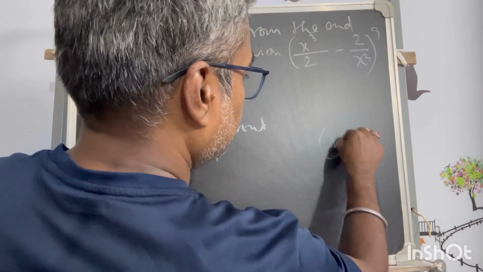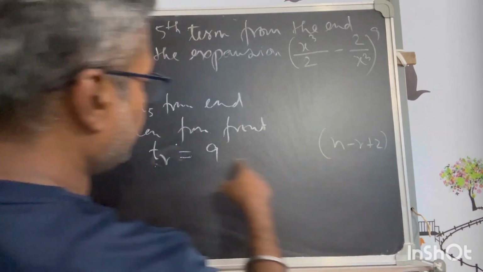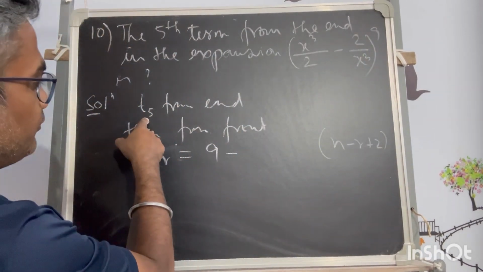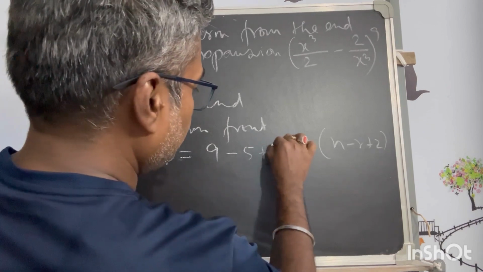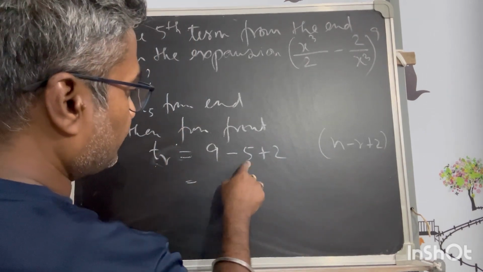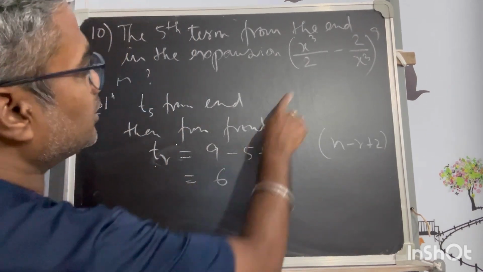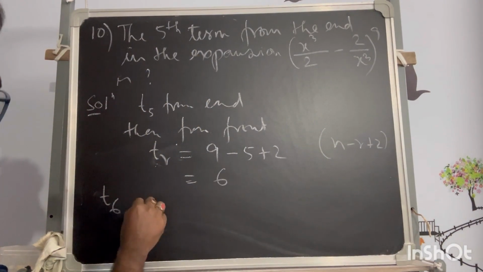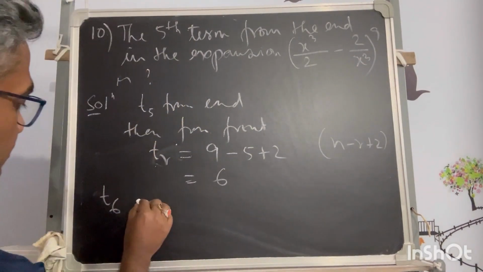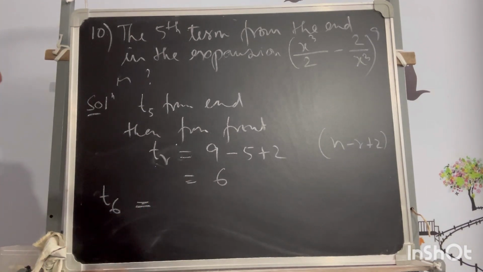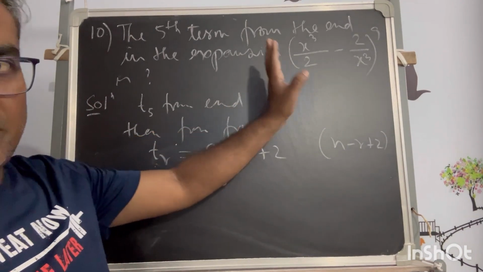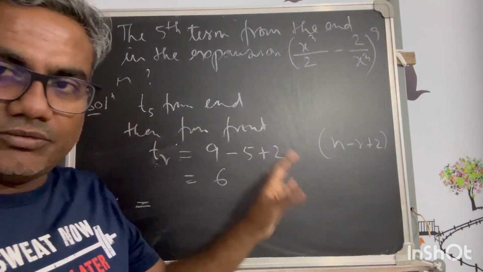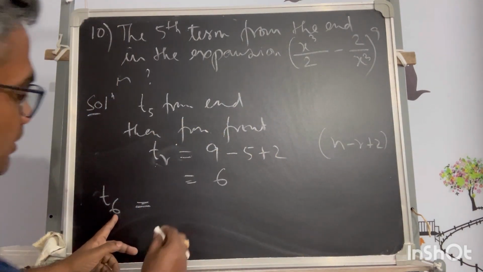The formula was n minus r plus 2. So n is 9 here, minus r, the term that is being counted from the end, 5, and we will add 2 to get 6. So 6th number in the total expansion, so tr is equal to t6. So t6 of this series can be achieved by, if I count from t0... if I count from t1, then t6 will be the fifth term.